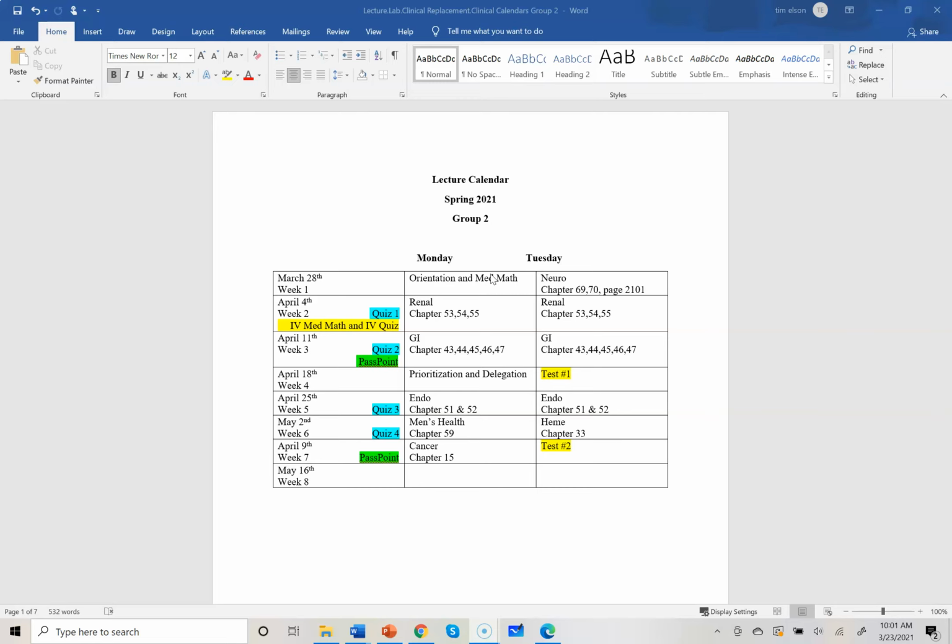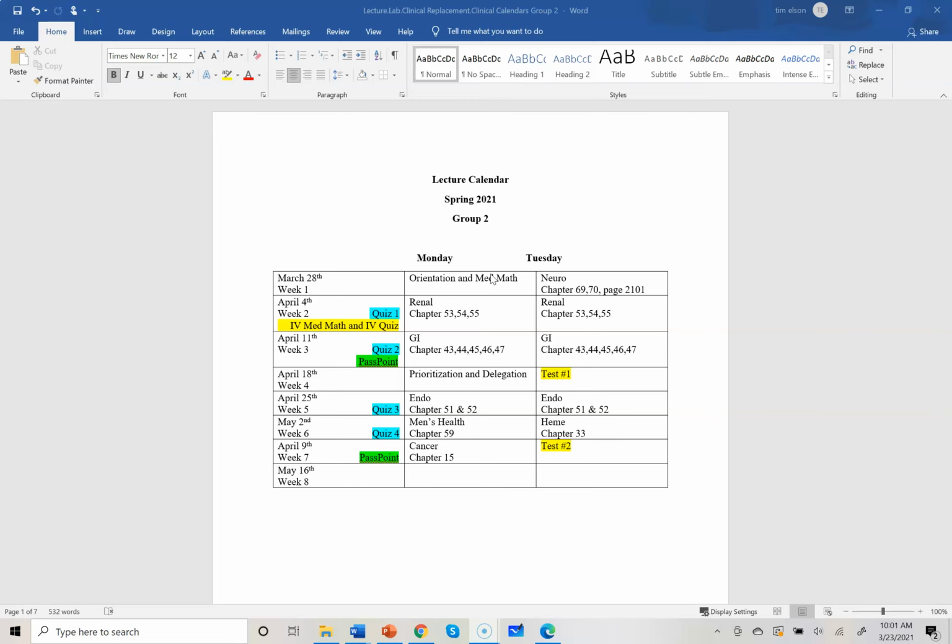The IV Med Math and the IV question quiz are worth 5 points apiece. When Canvas comes back up, there is an IV resource module, and that's where those quizzes come from. So you have a whole week. As long as you know how to do the math, you'll be fine. All the IV question quiz questions come from the actual PowerPoints you'll be looking at too. It's really not that hard of a quiz.